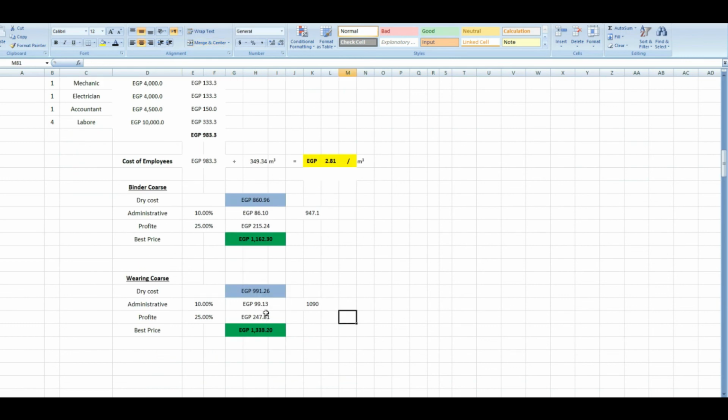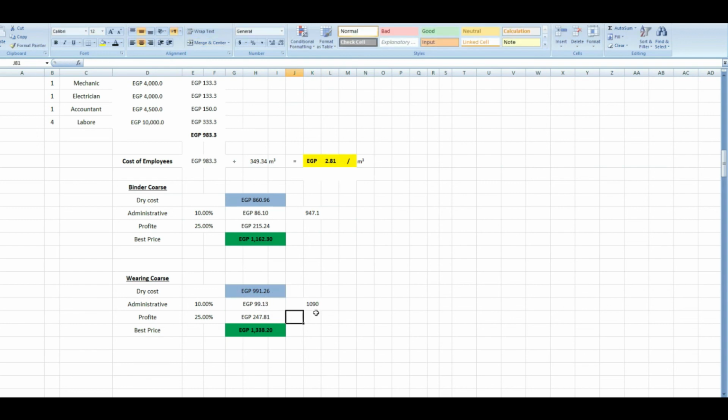Okay, and we can assign a profit here, and we can calculate the total best price. If we are going to compete in the tender, as I said, we have to take the dry cost only, plus administrative.